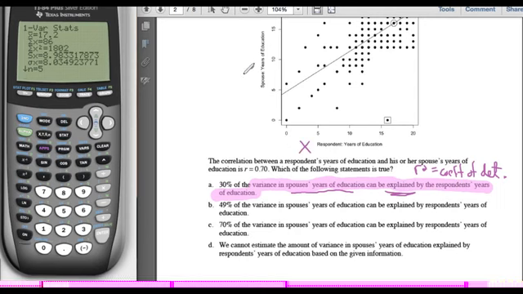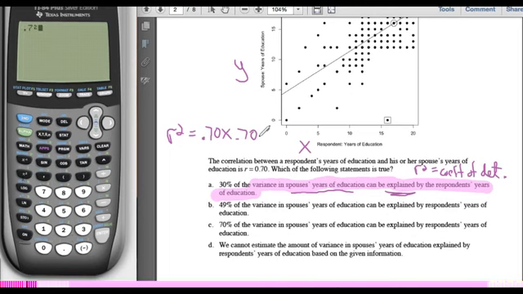Recall that this is the x, this is the y. I have r. To find r squared, I just take 0.70 times 0.70, or you could say 0.70 squared in your calculator, and you get 0.49. So my r squared should be 49%. 49% of the variation in spouse's years of education can be explained by the respondent's years of education.